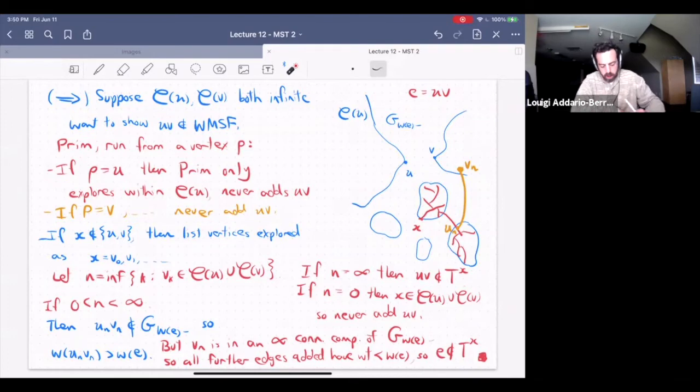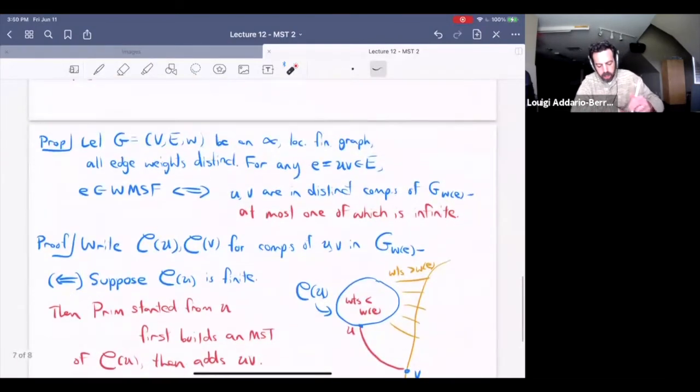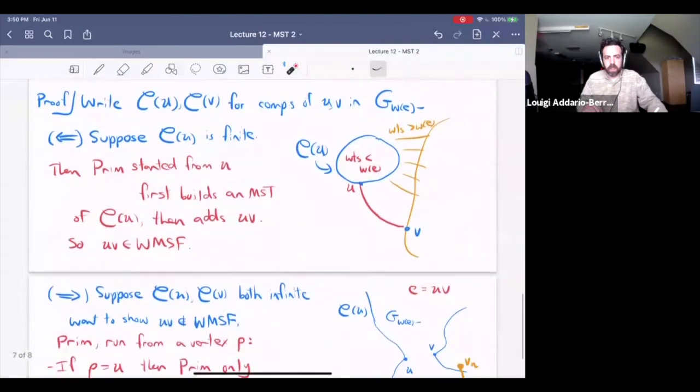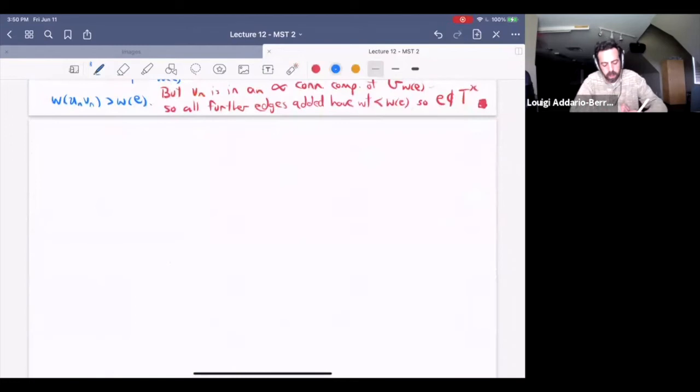Okay, so what did we just show? We showed that the edge set of the wired minimum spanning forest consists of edges that, when they arrive in the graph process, connect two components, at most one of which is infinite. And for the free minimum spanning forest, it was just edges that, when they arrive in the graph process, connect two distinct components without any constraint on their finiteness or infiniteness, right?